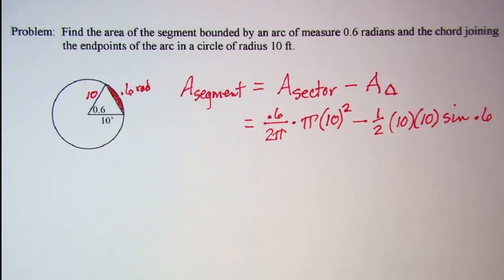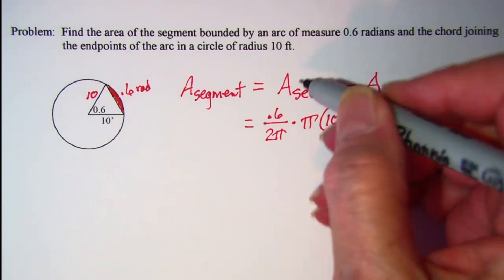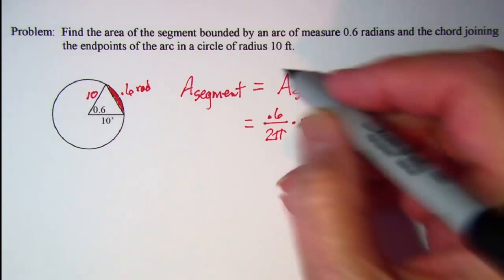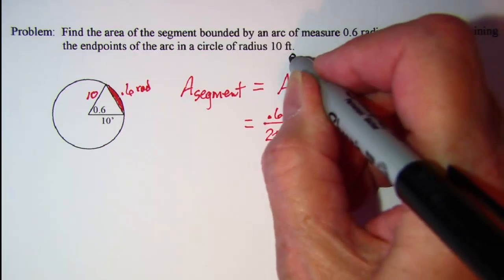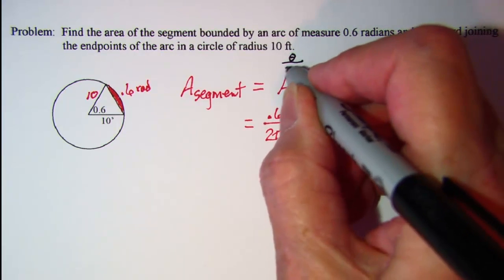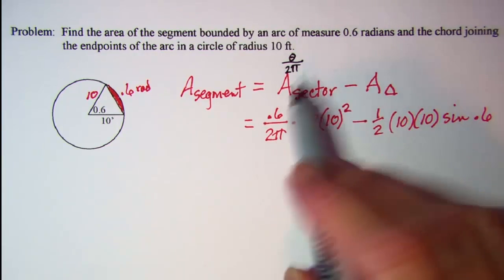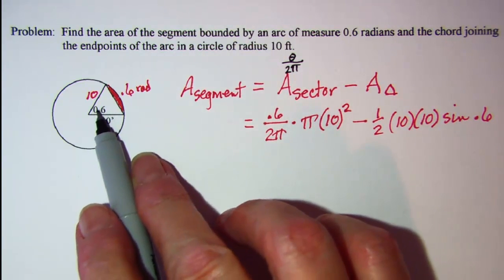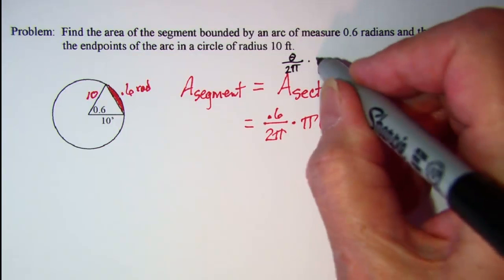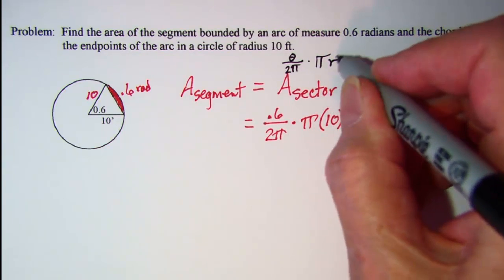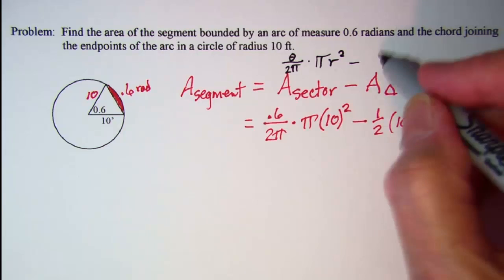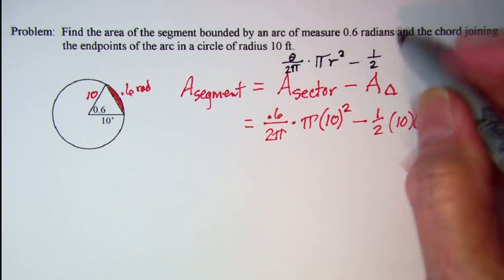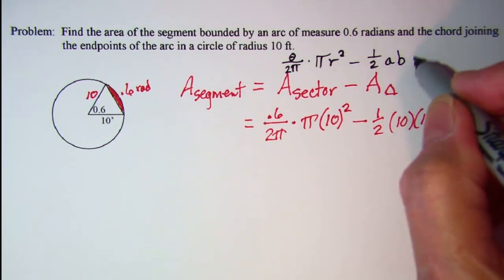Our formula from the other page, remember our area of our sector was theta over 2 pi, and it's theta over 360 if your central angle is in degrees, times pi r squared minus 1/2 AB sine C.